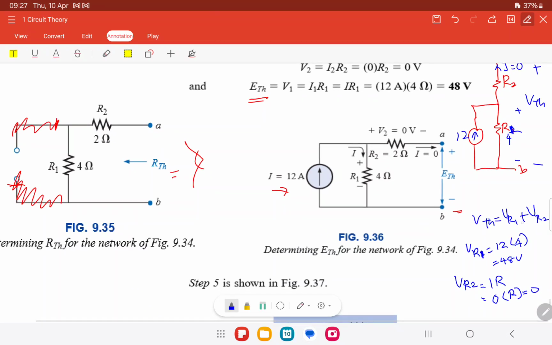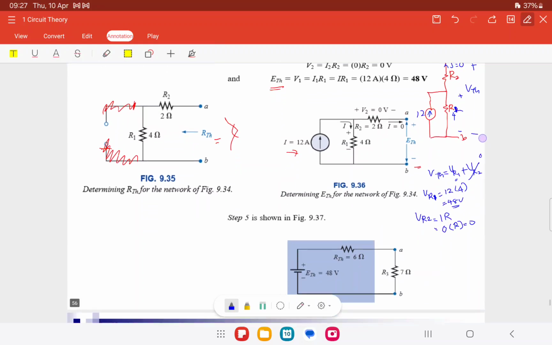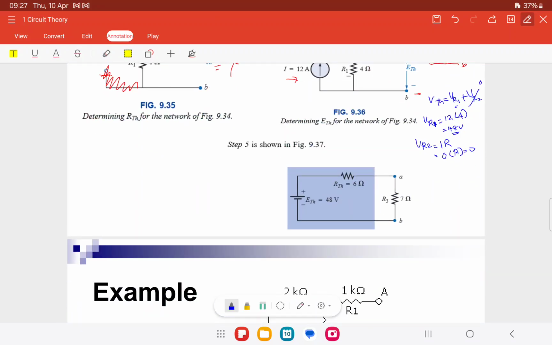So VTH, VR2 dah 0, tinggallah VR1 je. Okay, VTH equals to 48 volt. And then once dah dapat 48, dah dapat RTH, lukis balik, masukkan semula the resistor, the component yang kita dah take out.